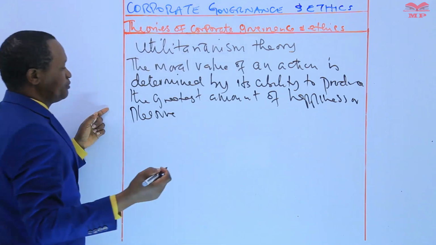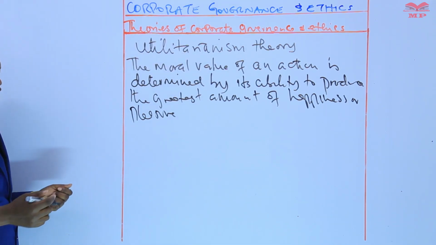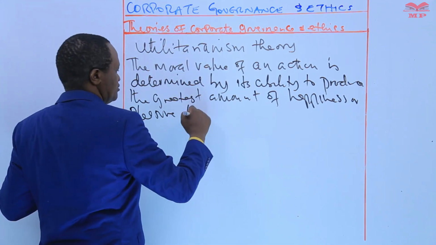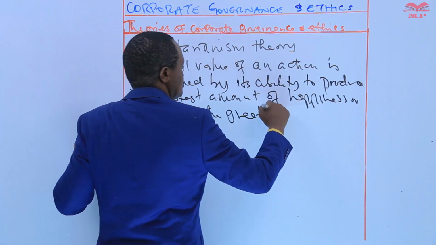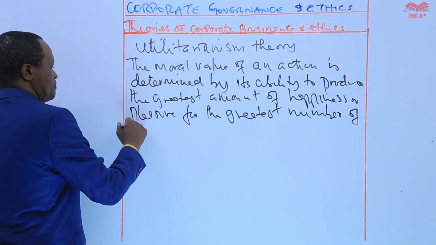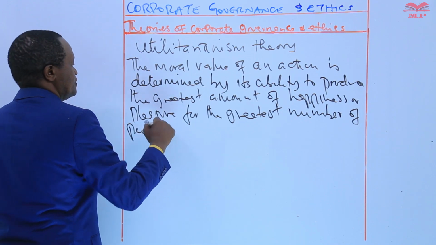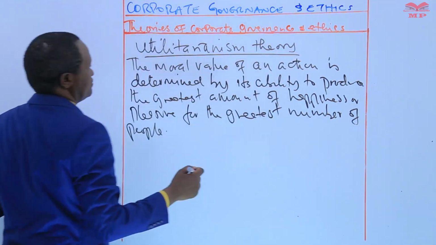And this amount of happiness and pleasure is for the greatest number of people. That is the utilitarian theory.